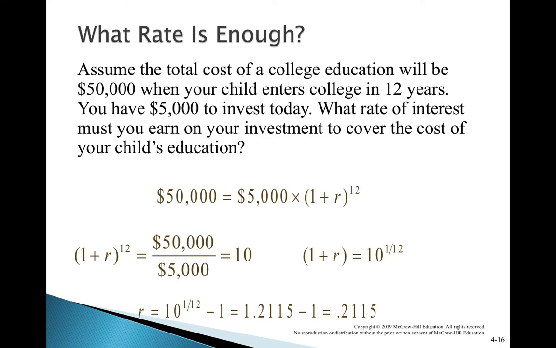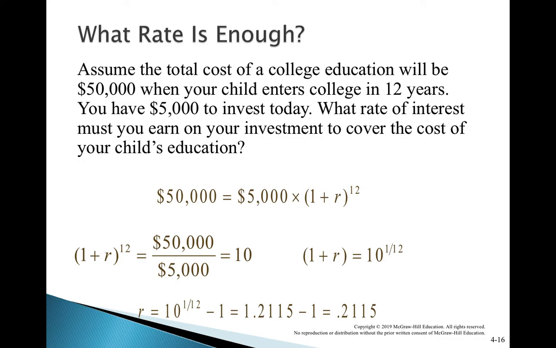You have to find an investment which will give you around 21.15% so that your 5,000 will become 50,000 after 12 years. Alright, clear? Interesting?